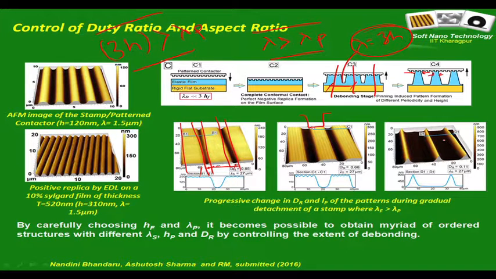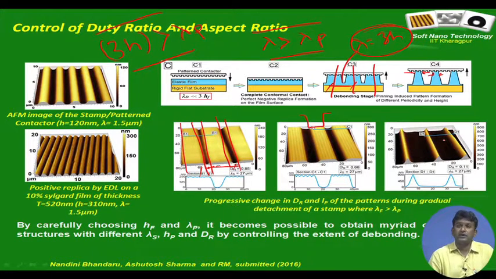As one pulls the contactor upward, the structures become progressively taller, and additionally they become narrow. We had talked about duty ratio. Under this particular condition, which apparently is not commensurate for creating structures, you can not only create tall structures, but using a single stamp, by varying the extent of detachment, you can create structures which have different duty ratio.